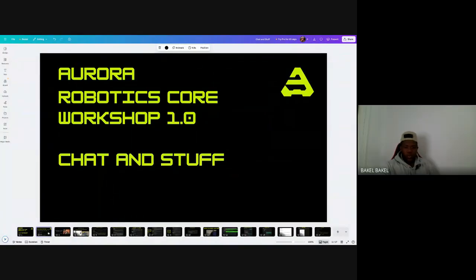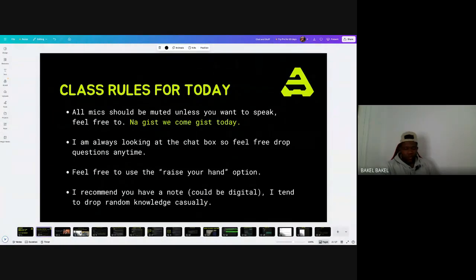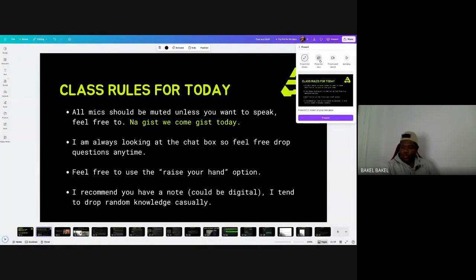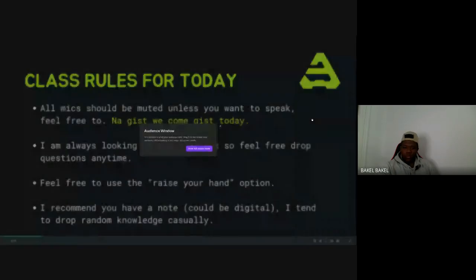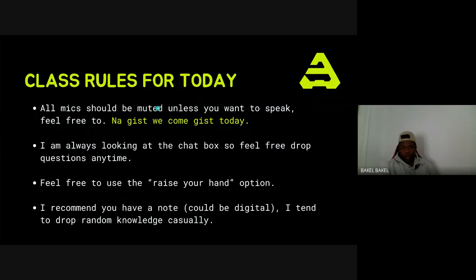So today's rules, slight modification. At least for today, we can all speak freely. We are basically here to talk. We're not doing anything much, but at the same time, we're going to learn. So let's ensure we have our notes and everything.